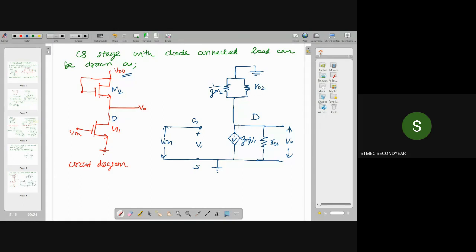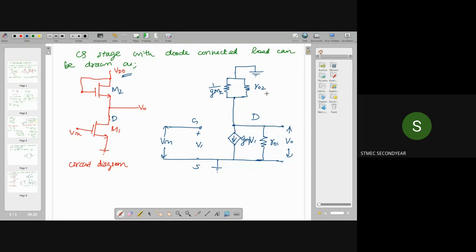Corresponding to this M1, we can draw the normal equivalent circuit, and corresponding to this M2, we have already analyzed the small signal equivalent model and obtained the relation that can be represented as a parallel combination of these two resistors, 1 by GM2 and R02. So I am replacing this M2 by this parallel combination of 1 by GM2 and R02.